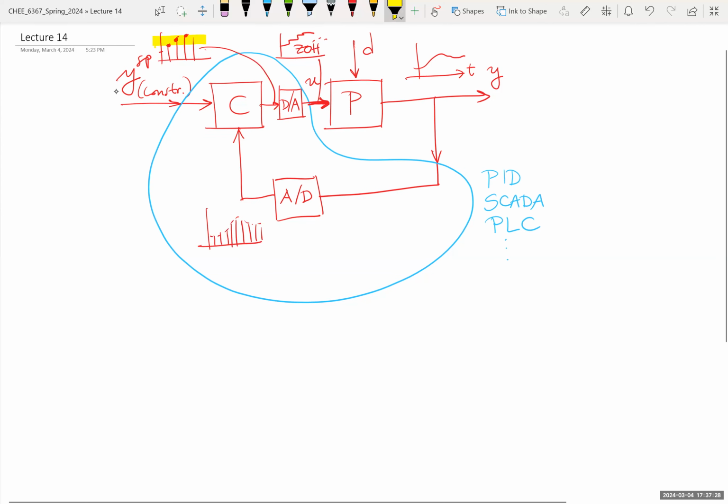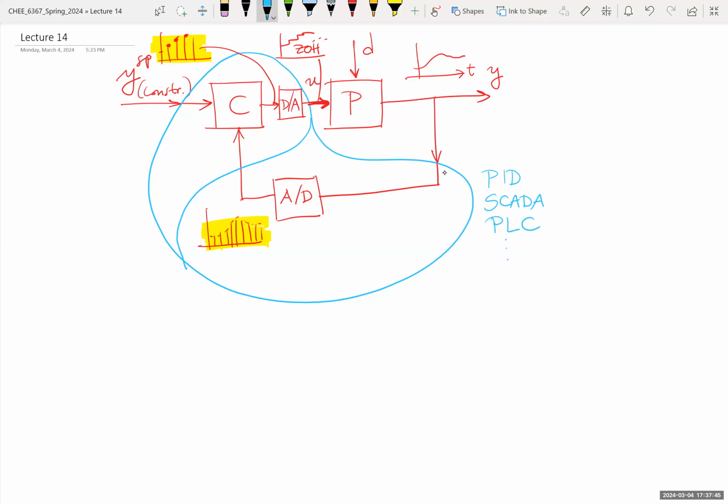The controller understands the world like this, basically. The controller is a discrete device. It understands that. And I have lumped perhaps the sensor here inside the controller. If I have a discrete sensor, maybe it's like that.